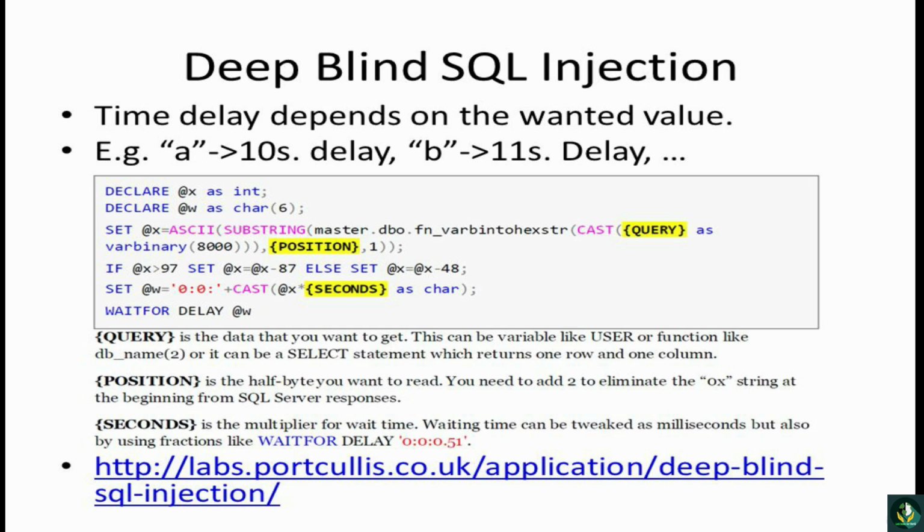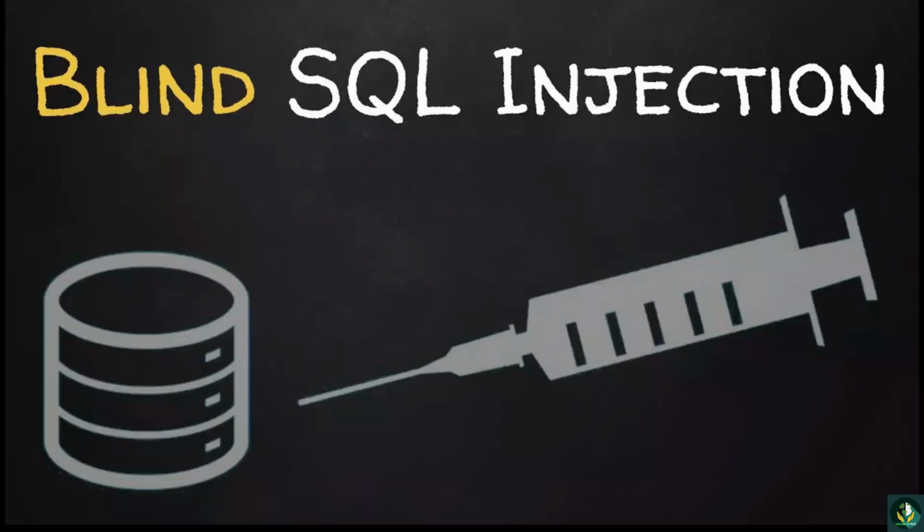You need to add a value to eliminate the 0x. And seconds is the multiplier for wait time. Waiting time can be tweaked, also by using fractions, like WAITFOR DELAY. So that's it.